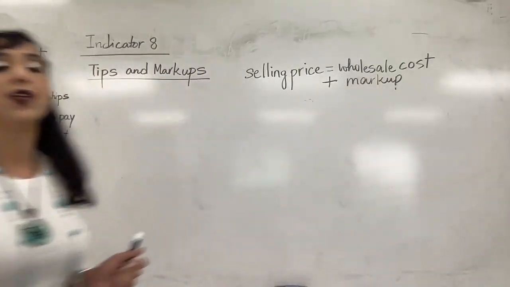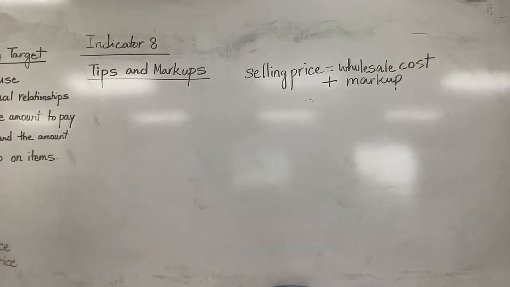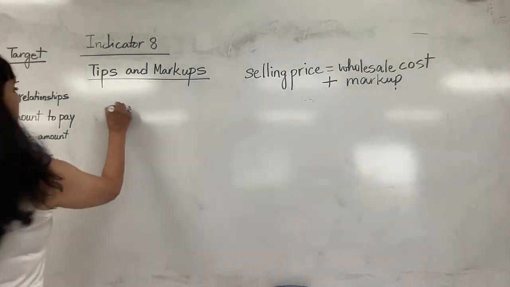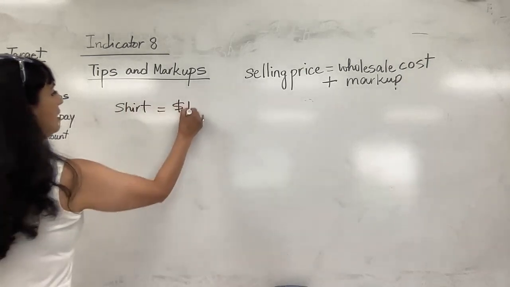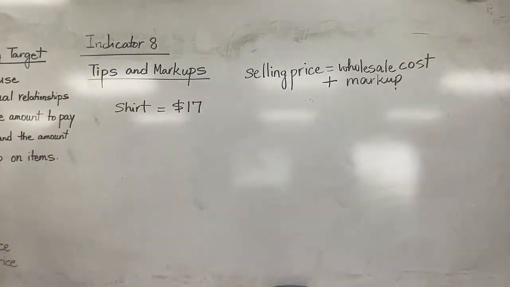So let's say the wholesale cost for each shirt at a clothing store is $17, and the store manager plans to mark up the shirts by 125%.